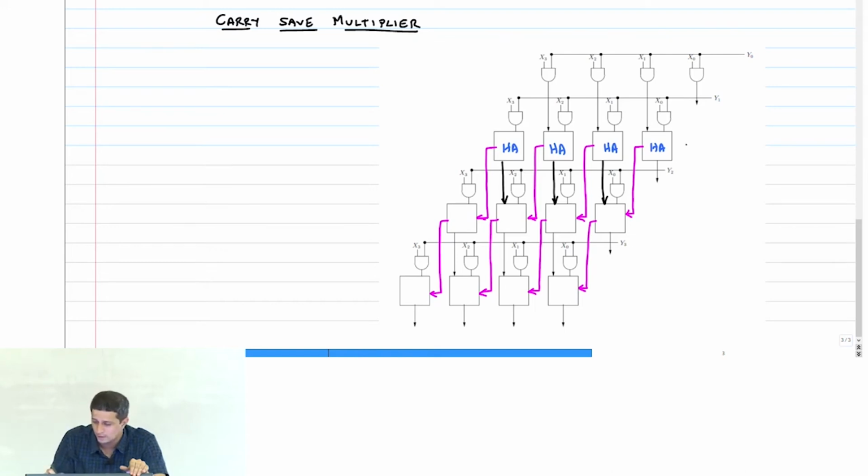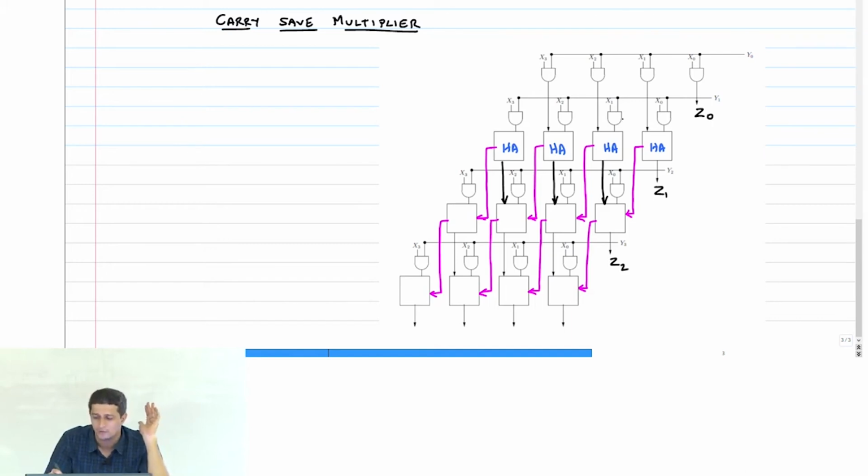So for example, you get z0, z1, z2. In z2, you should add only what? x0, y2, x1, y1 and x2, y0. So that is an easy check for you. Make sure that that is being propagated correctly.